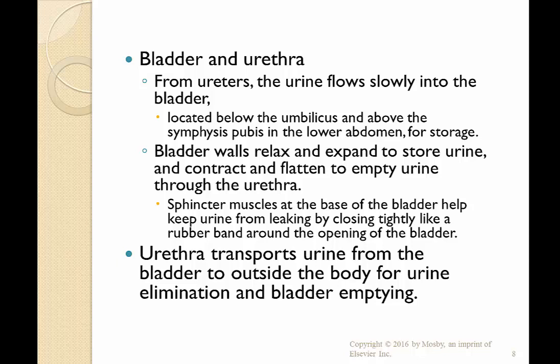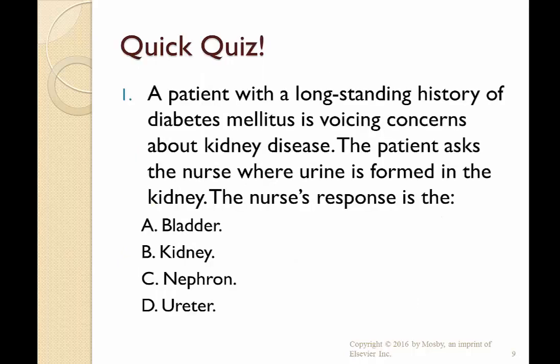There are sphincter muscles at the base of the bladder which keep urine from leaking, and women as they age or have children have some weakening of these sphincter muscles, which is why we get stress incontinence or urgency incontinence. And we know that the urethra is what transports the urine from the bladder to outside of our body.